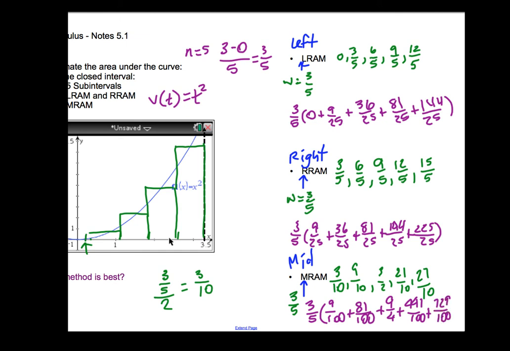Okay, so we want to find what the areas of each of these are. Go ahead and pause your notes right now, plug all this into your calculator, and see what you come up with, and let's see if we match.